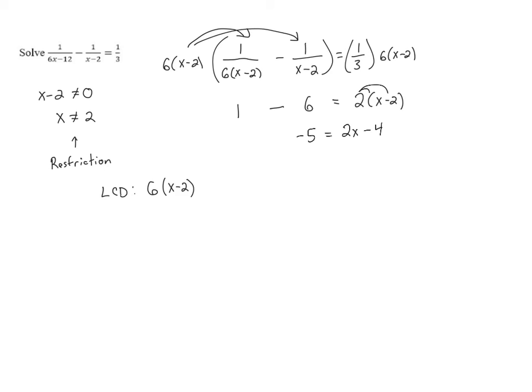Now to get the x term alone, we need to get rid of that 4. So we add 4 on both sides. Negative 5 plus 4 is going to be negative 1. So we've got negative 1 equals 2x. And we divide both sides by 2 to get x alone. This gives us x equals negative 1/2.